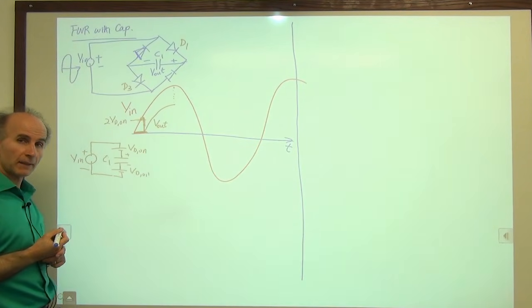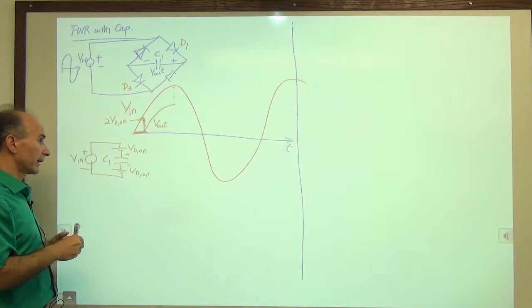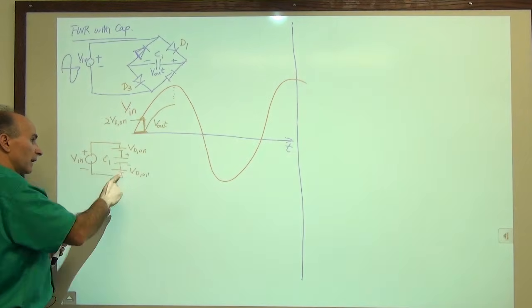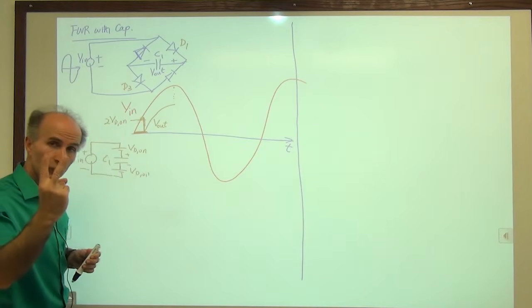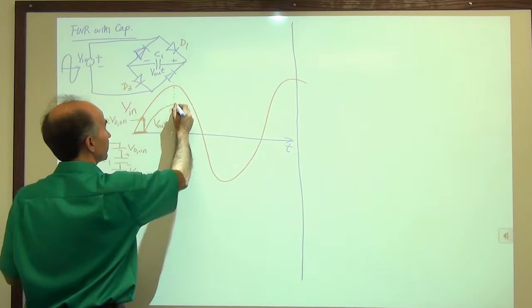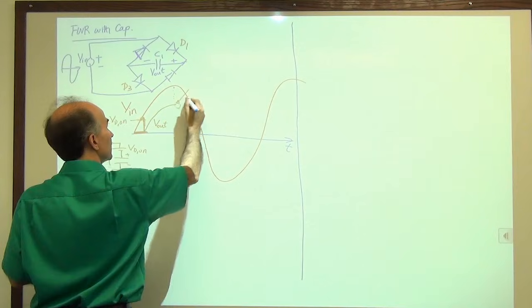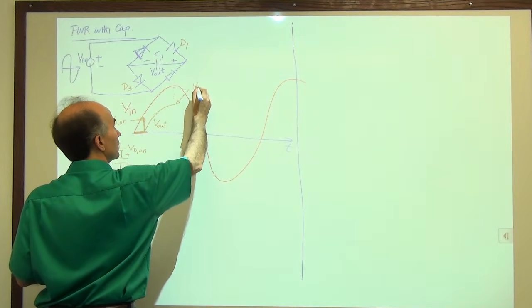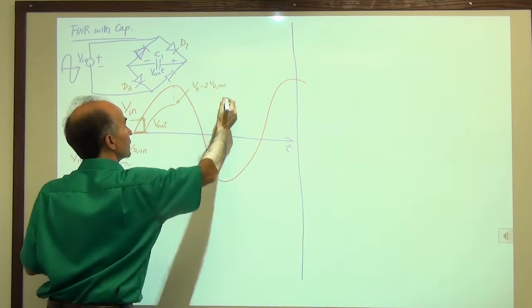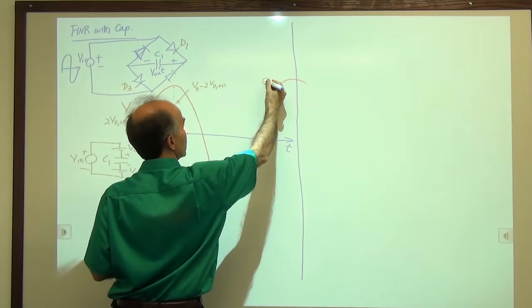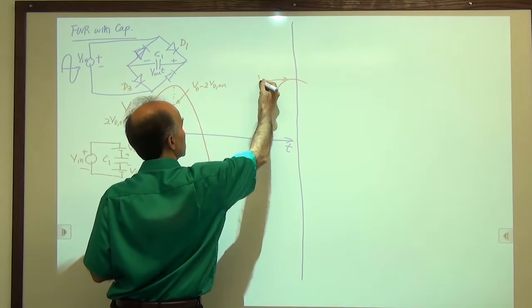How much is the peak at the output? Well, again, remember that when we wrote the KVL, we saw that this output tracks the input minus 2 diode drops. So what we have here at this peak is V0 minus 2 VD on, V0 indicating this peak value here. So this is V0.